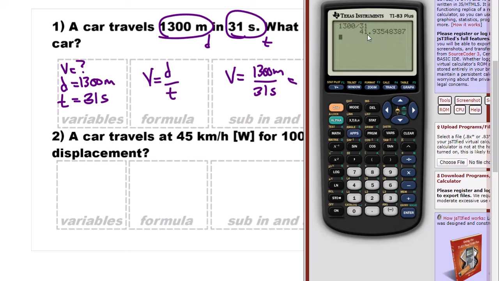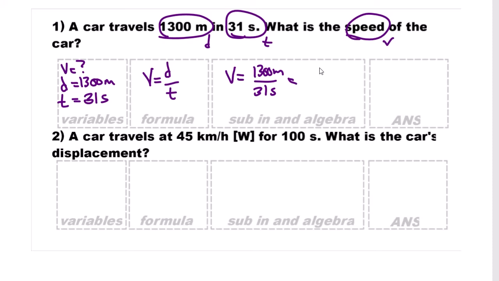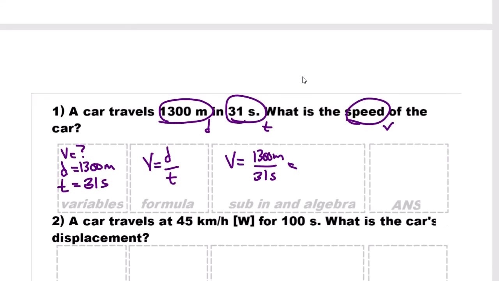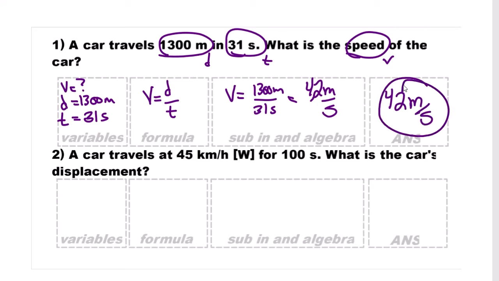So that means I need to round to this place where the 1 is. And next to it is a 9, so that's going to round up to 42 meters per second. So I have my proper units in there. I've rounded to the right number of sig digs.